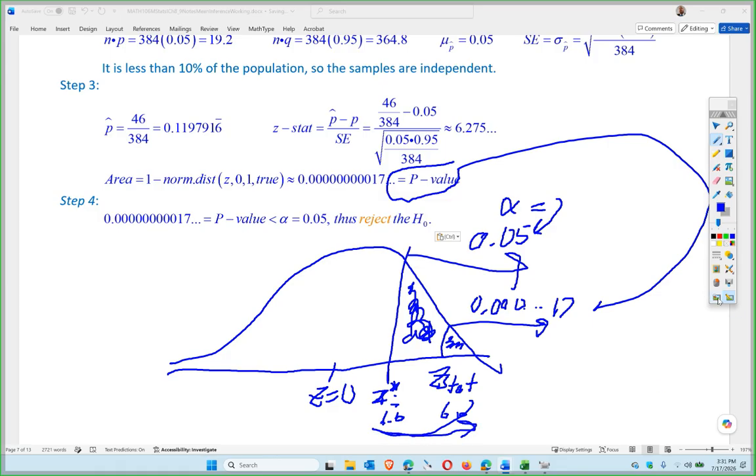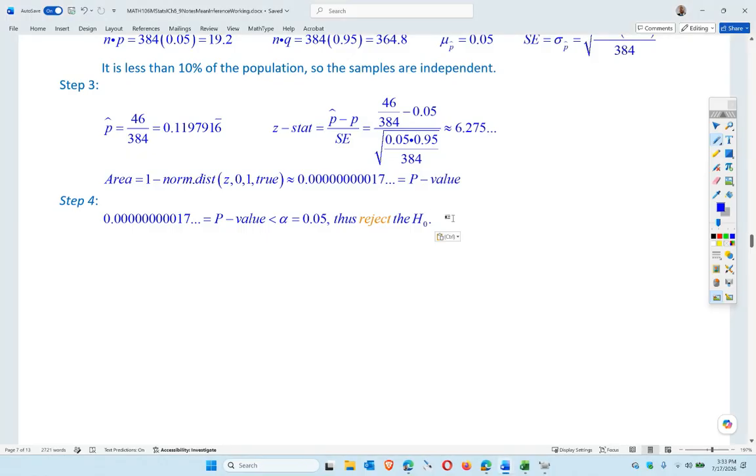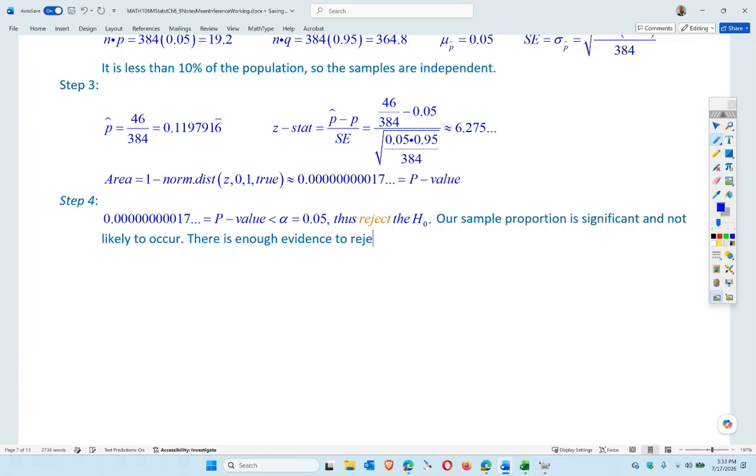All right, so what does this actually mean? Our sample proportion is significant. We made it in the shaded region and it's not likely to occur. There is enough evidence to reject the null hypothesis.